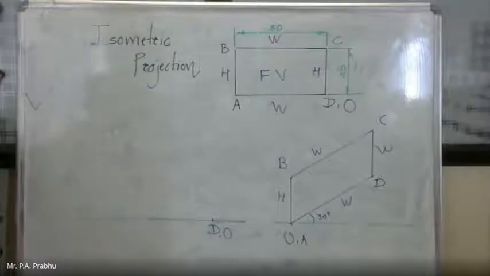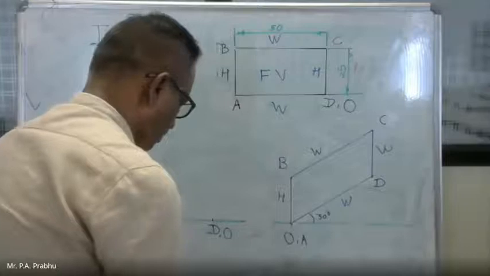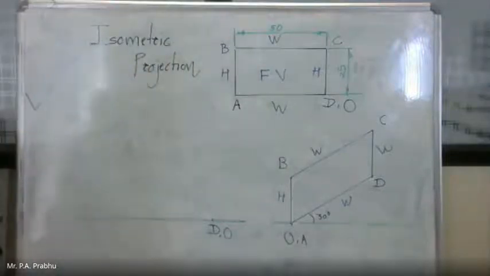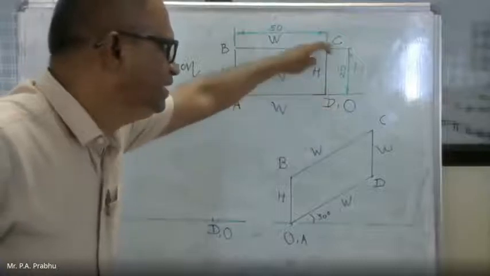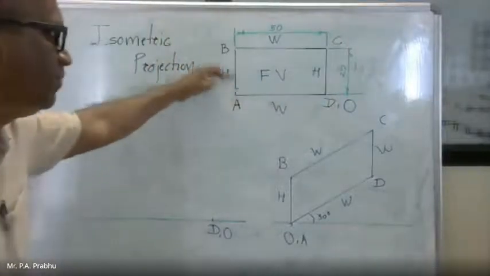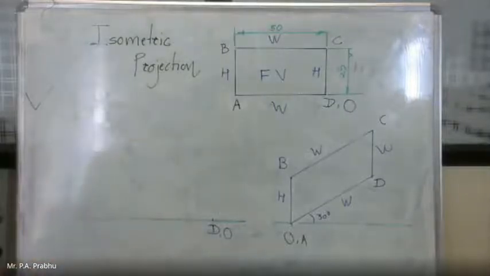Now, same thing. Here your object is raised at point D. CD is a vertical dimension. AB is a vertical height. So there will not be any change. So draw this vertical dimension at the same point. Vertical. There will not be a change in direction.